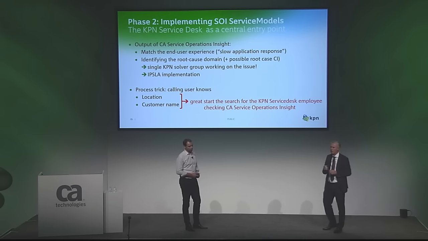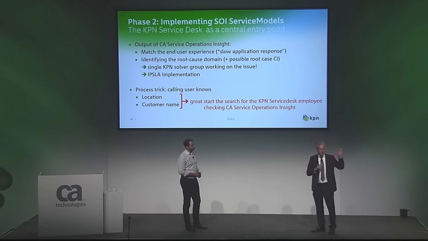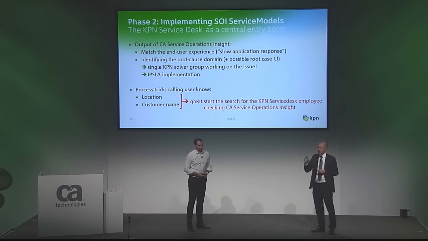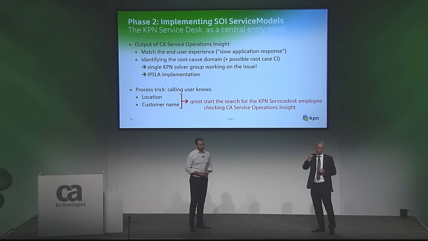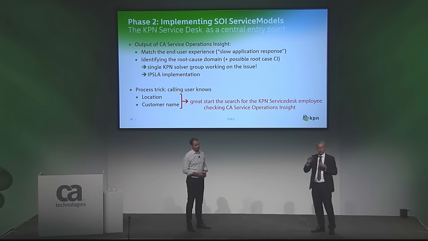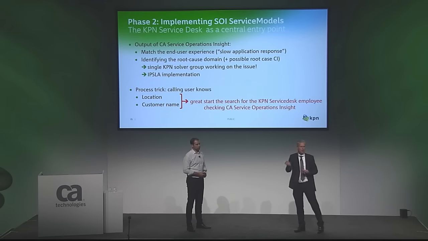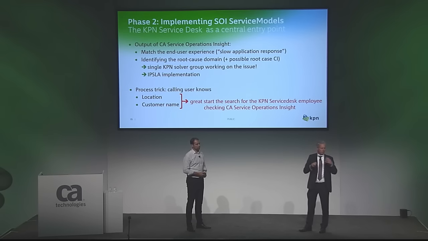Actually it did a very good trick: if I have somewhere in New York a test running within a router and the voice service is still okay, that should be a separate object within the service model. It should not be related to the router because the router is probably still okay, but at the back end something is wrong while giving a very bad voice quality. So we are splitting that.